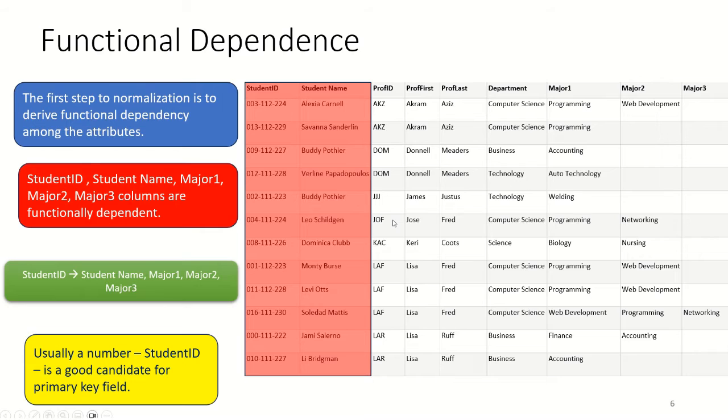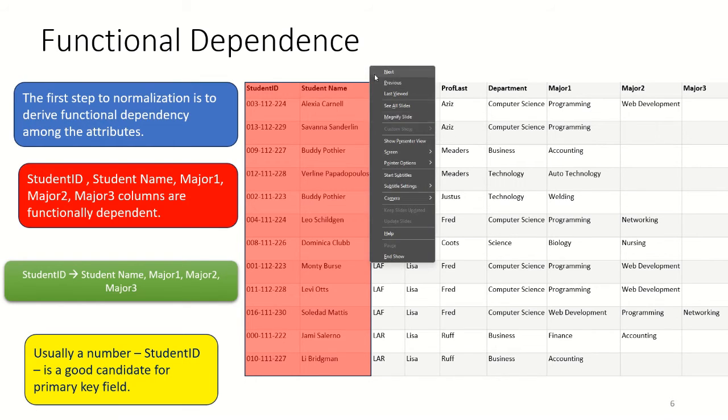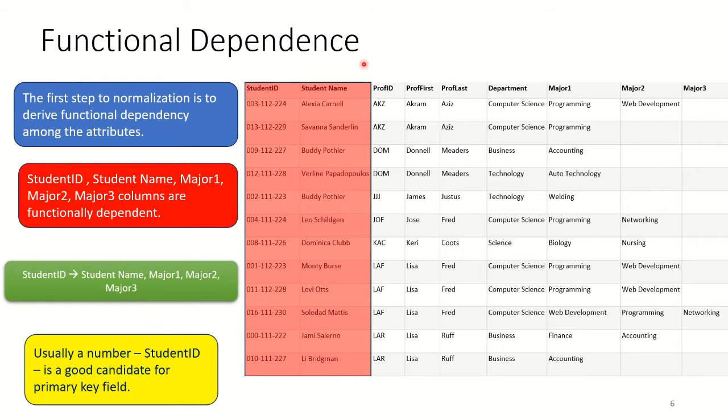So the first thing, once we get a table like the one we see here on the right-hand side, is that the first step to normalize is to derive the functional dependency among the attributes. You can see the student ID and student name are actually connected.